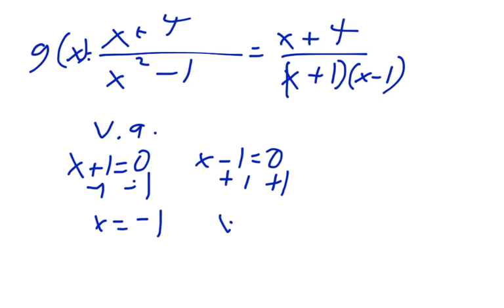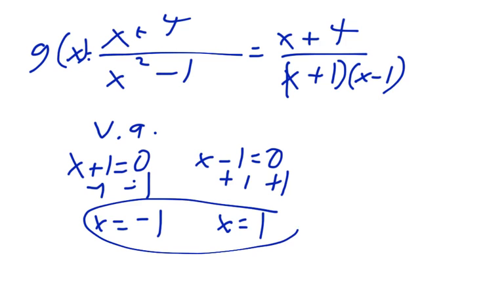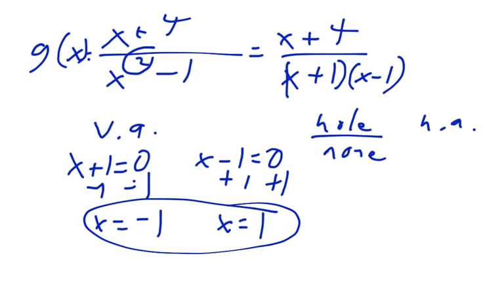So we got x equals -1 over here, and x equals +1 over here. Now, in order to get a hole, we would have needed something to match, so there is none for the hole. And for the horizontal asymptote, since we have more x's in the bottom, the horizontal asymptote is y equals 0.